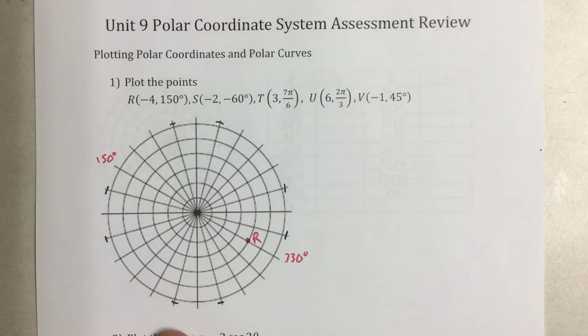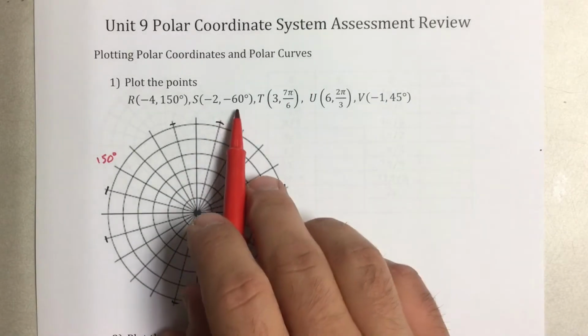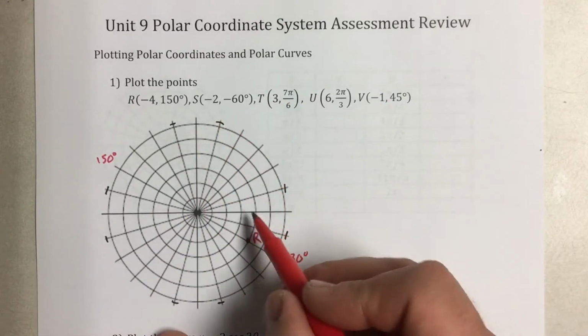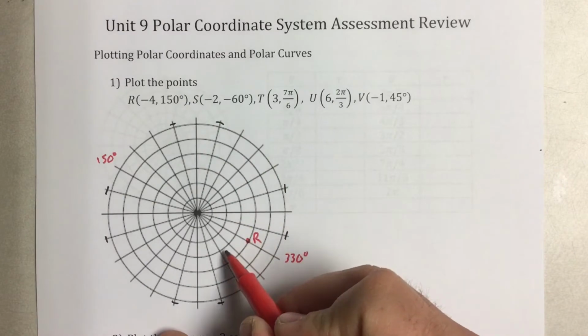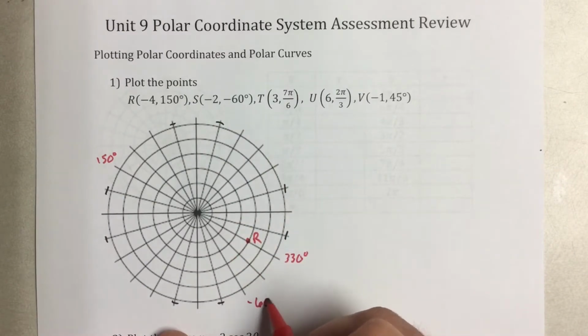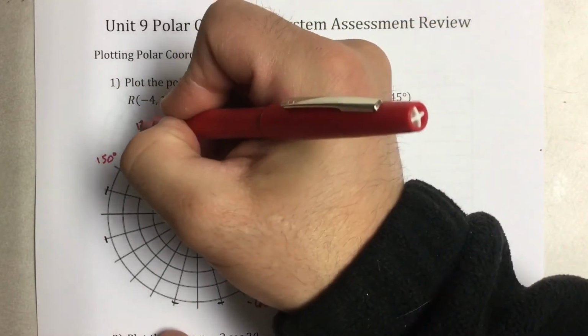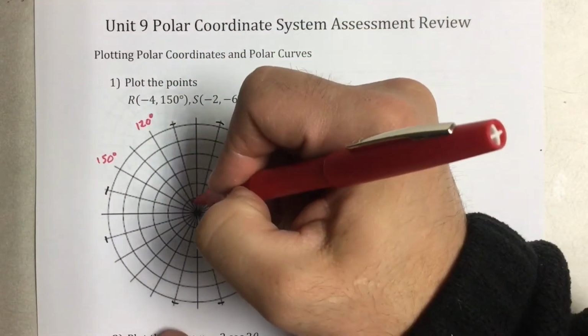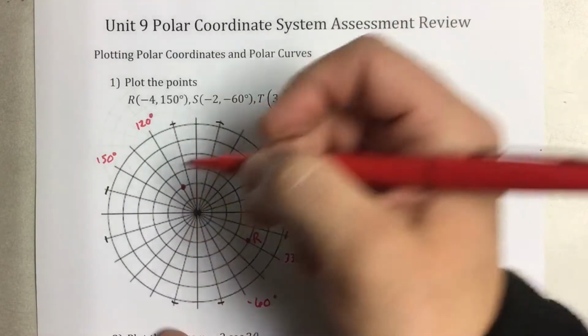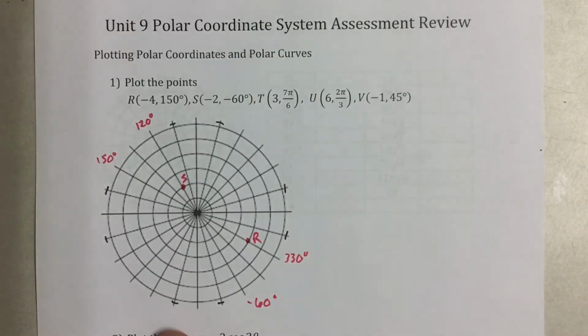So then from there, -60, -2, so -60 going in the opposite direction takes us to this point, -60 degrees, and then -2 takes us through the other side, which is 120. So 1, 2. That's coordinate S.